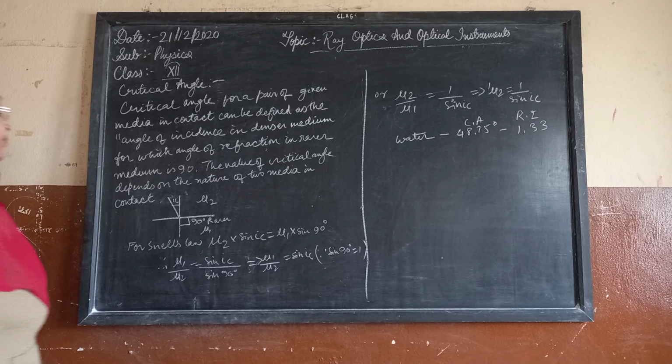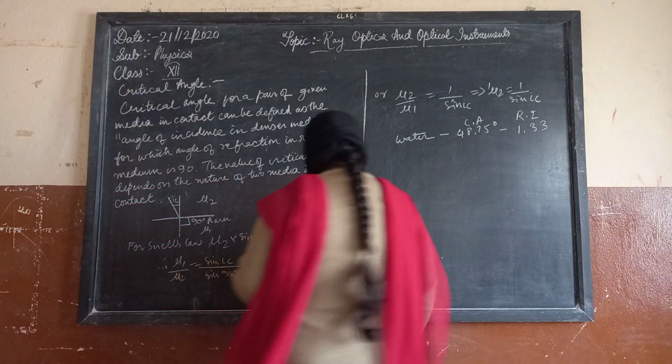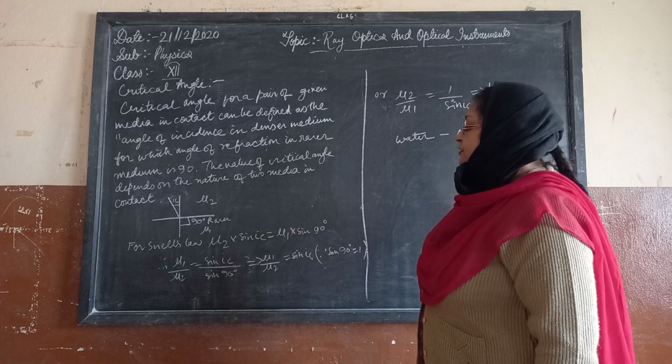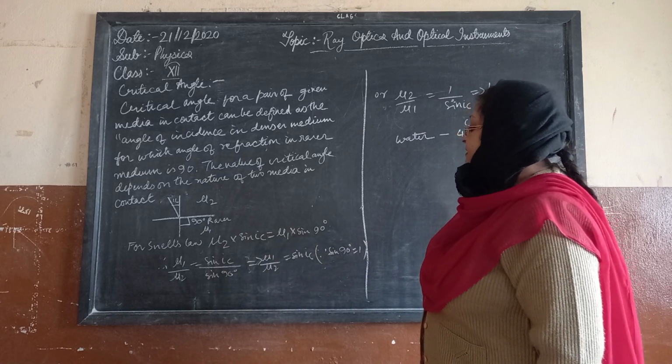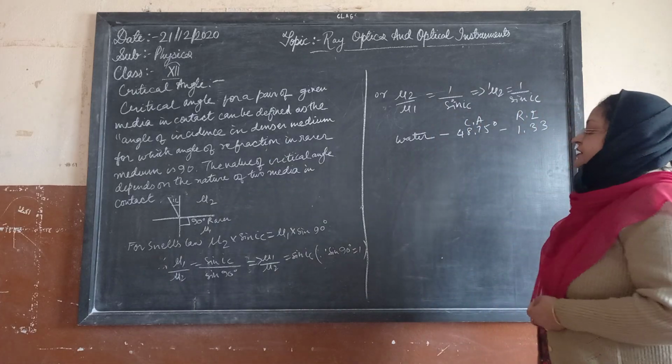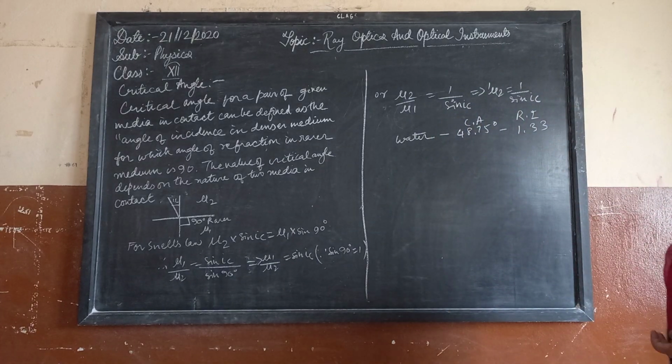By Snell's law, mu2 sin iC is equal to mu1 sin 90 degrees. So mu1 upon mu2 is equal to sin iC upon sin 90 degrees, that is mu1 upon mu2 is equal to sin iC, where sin 90 degrees is equal to 1. So mu2 upon mu1 is equal to 1 upon sin iC.